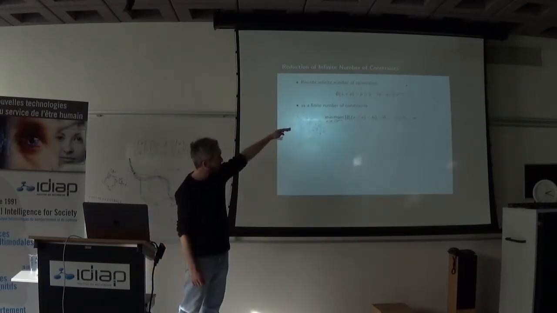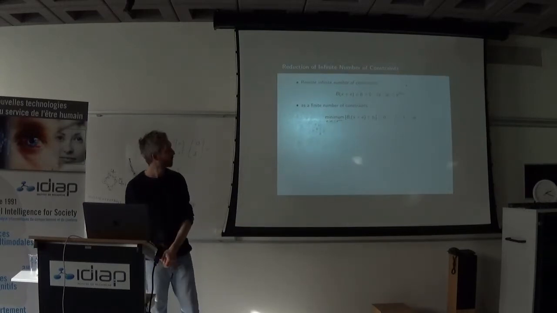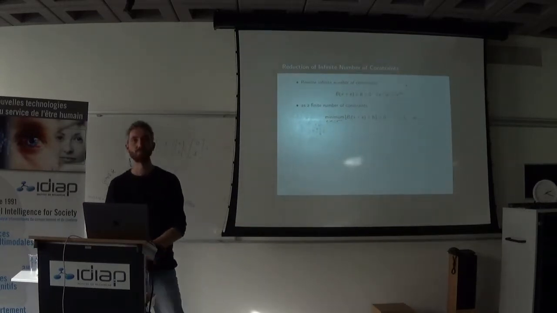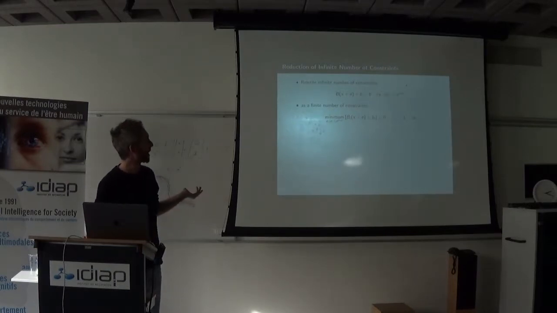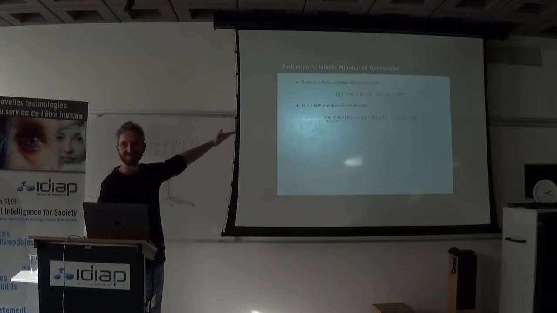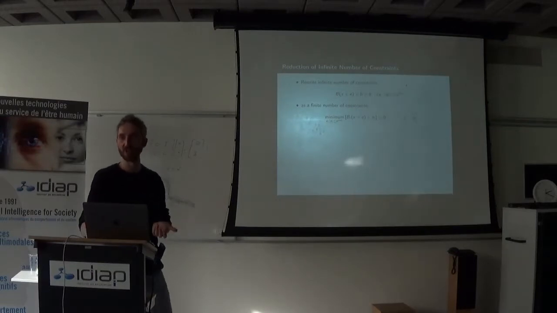So I want to have this satisfied for all my constraints from 1 to m. Okay, now I have a finite number of constraints, but still they don't look very tractable, right? Because it's an optimization problem that I should put as a constraint of another optimization problem, so it's a nested optimization problem. I don't know how to pass that to a solver.